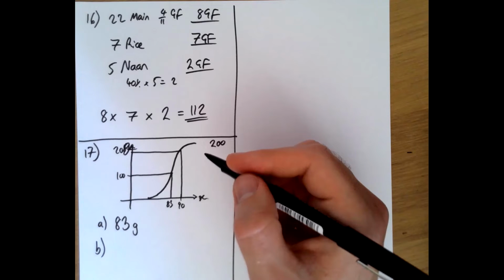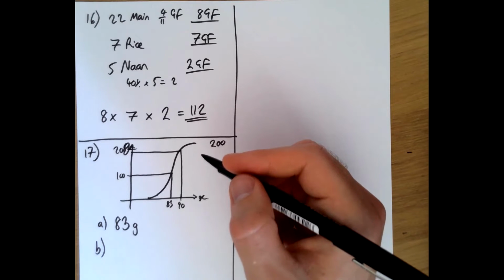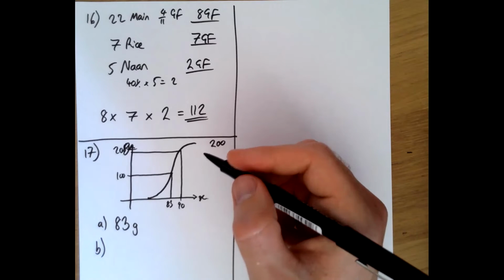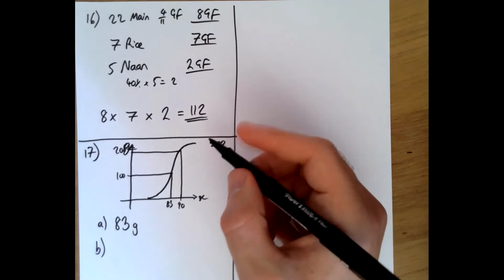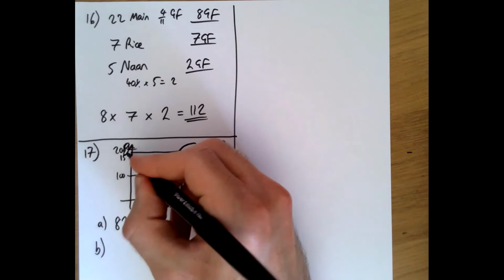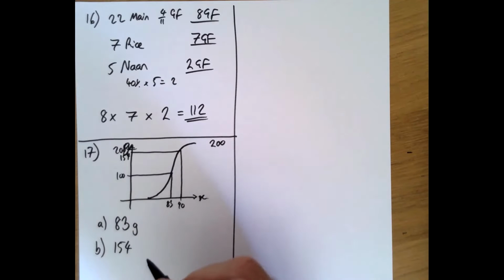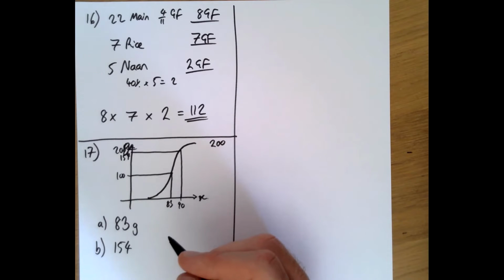Importantly, looking at the scale, one big square represents 20, and that's also got 5 little squares in it, so each little square goes up in 4s. So at 90, I think this value here, I've not drawn it particularly well, is 154. So there should be 154 apples less than 90 grams.